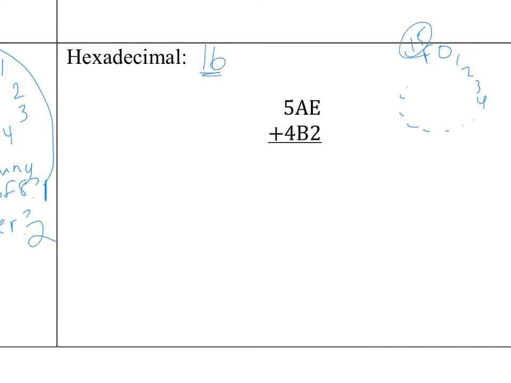I tend to write these out: A is 10, B is 11, C is 12, D is 13, E is 14, and F is 15.